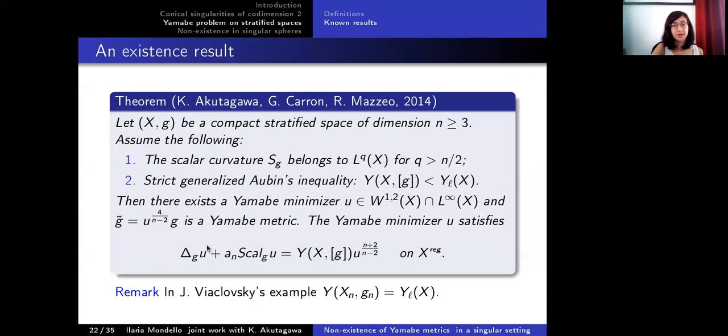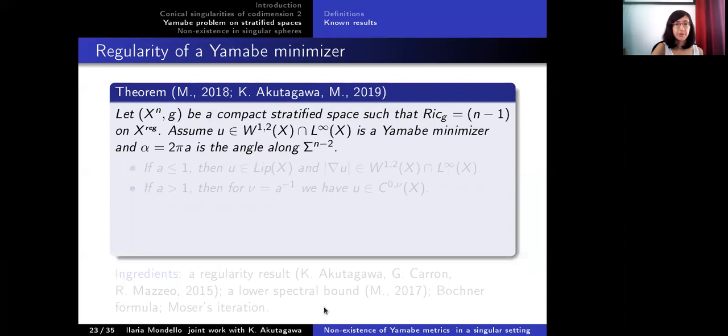So note that here, if you consider Viaclovsky's example, which is an example of a compact stratified space, in this case, the global Yamabe constant was exactly equal to the local one. And this is also the case for the singular spheres with angles larger than 2 pi. Now, when a Yamabe minimizer exists, you can get more information on its regularity if you assume that the metric is Einstein on the regular set.